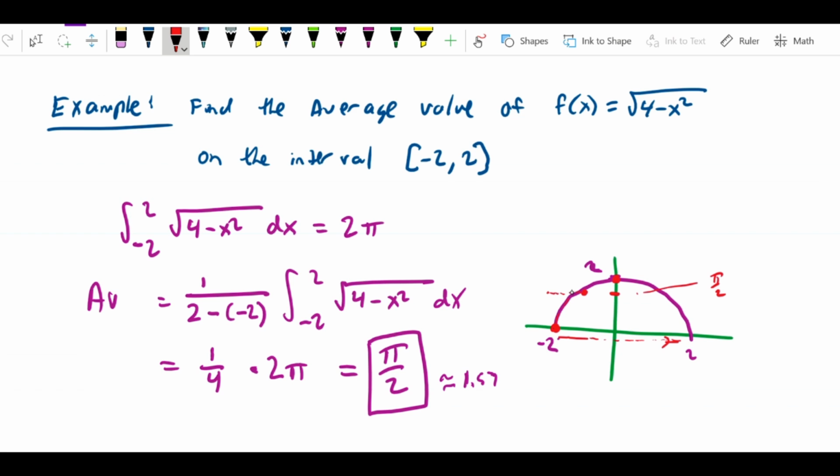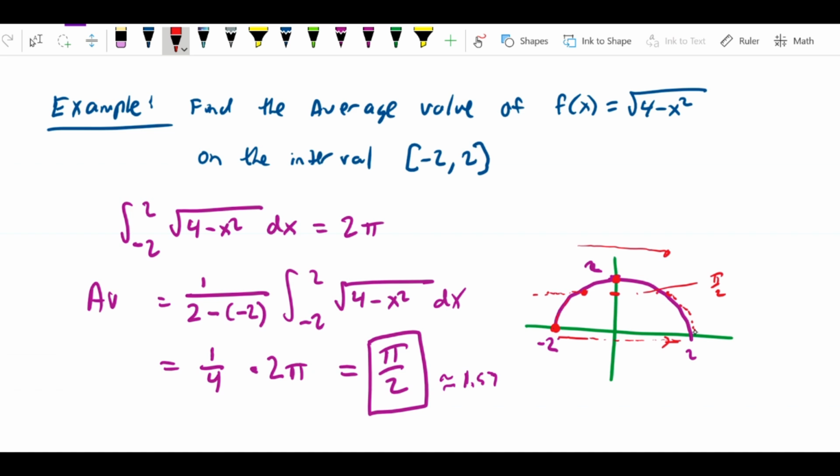Here's where I'm at pi over 2. I get there very quickly. And then I spend all this time here, still above pi over 2, and then it drops off again. So I spend very little time over here looking at the short part of the function.